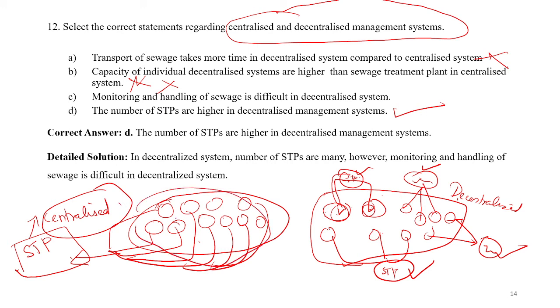You need to take care of the sewage which is generating from each of the small communities. So here in centralized system it is difficult compared to the decentralized system. So the third statement is also wrong.